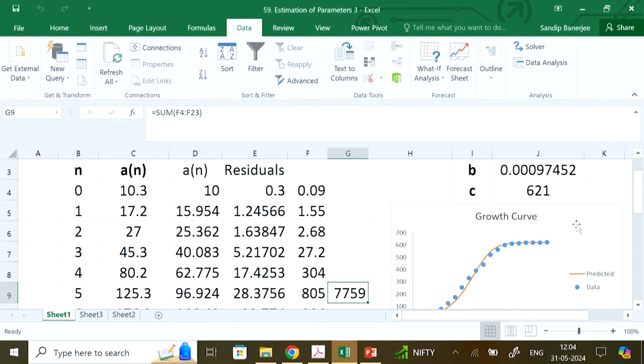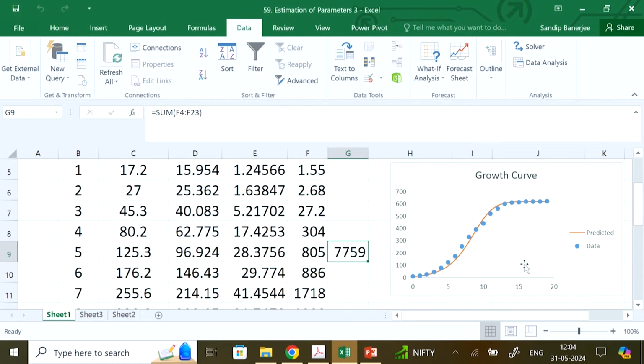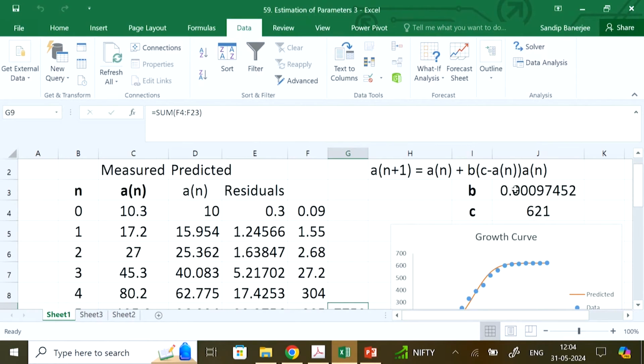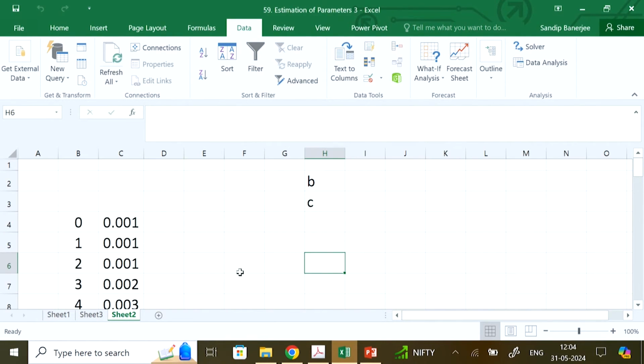So, a very slight change, and you see the value is 0.00097. That is why it was a good match, because I just put 0.001. From here you can see it is quite a good match with this particular set of data, and since I have taken the C value to be 621, the estimated value of B is 0.00097452.